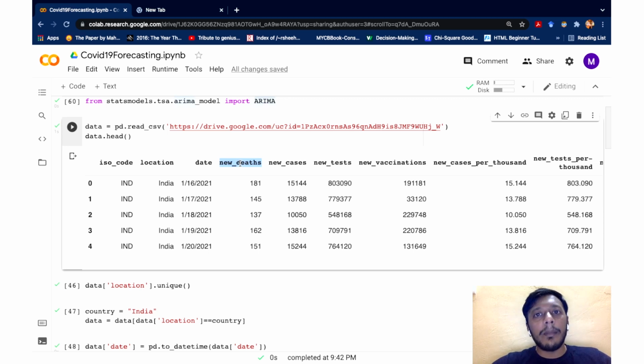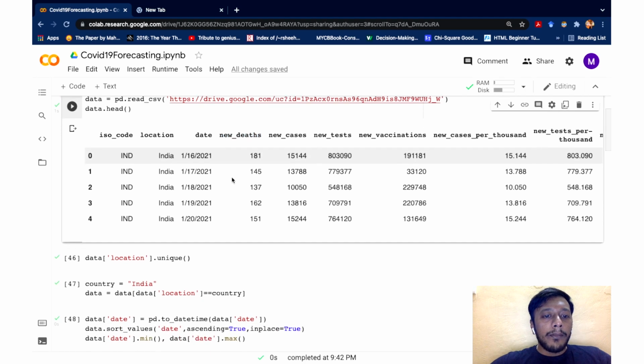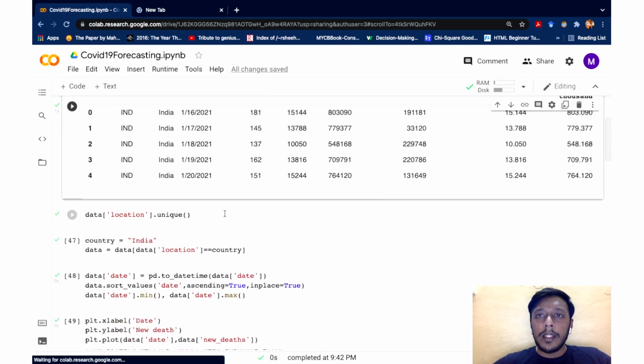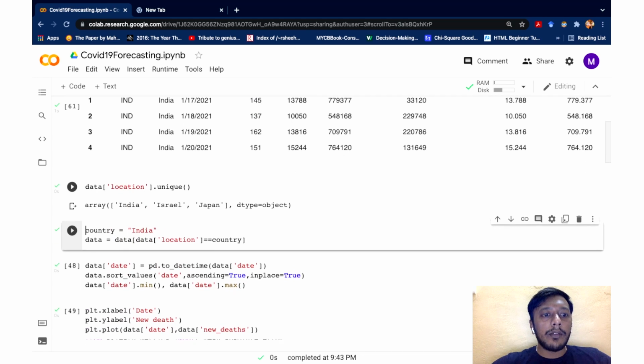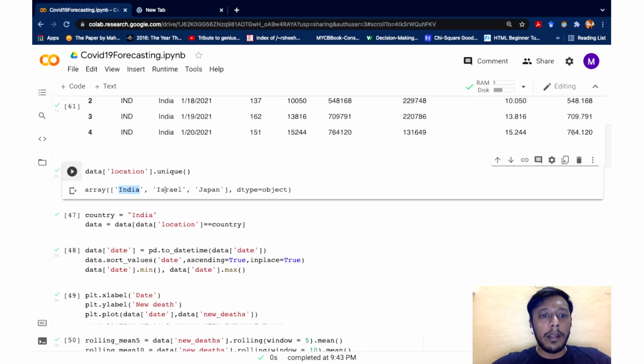There is a possibility you might be familiar with this data from prior exercises. Let me first see how many countries there are in this data. I could see that there is India, Israel, and Japan. We cannot forecast for all these three countries together in one go, so let me consider one country at a time, maybe starting with India.